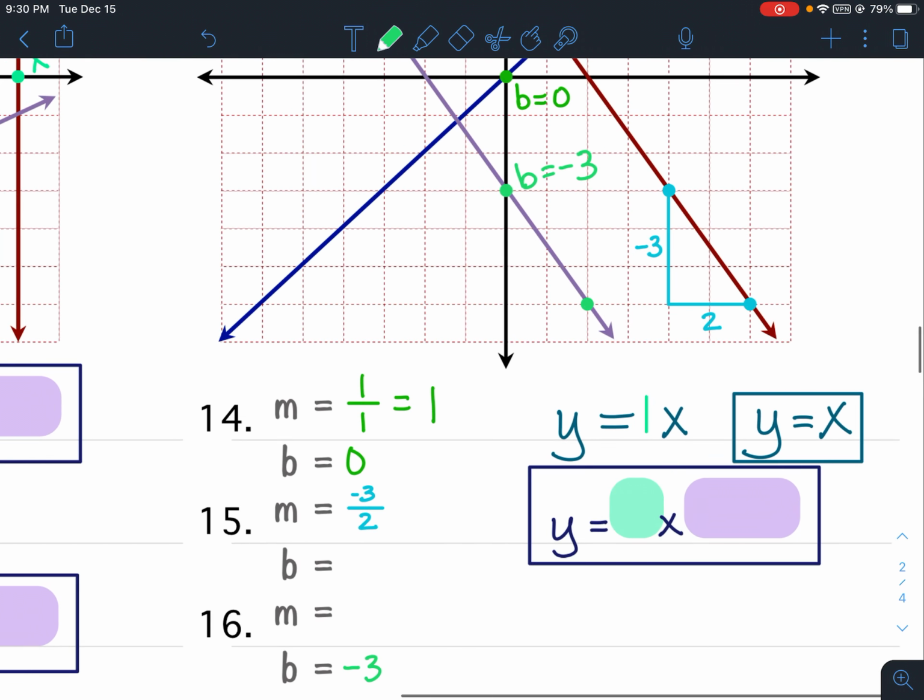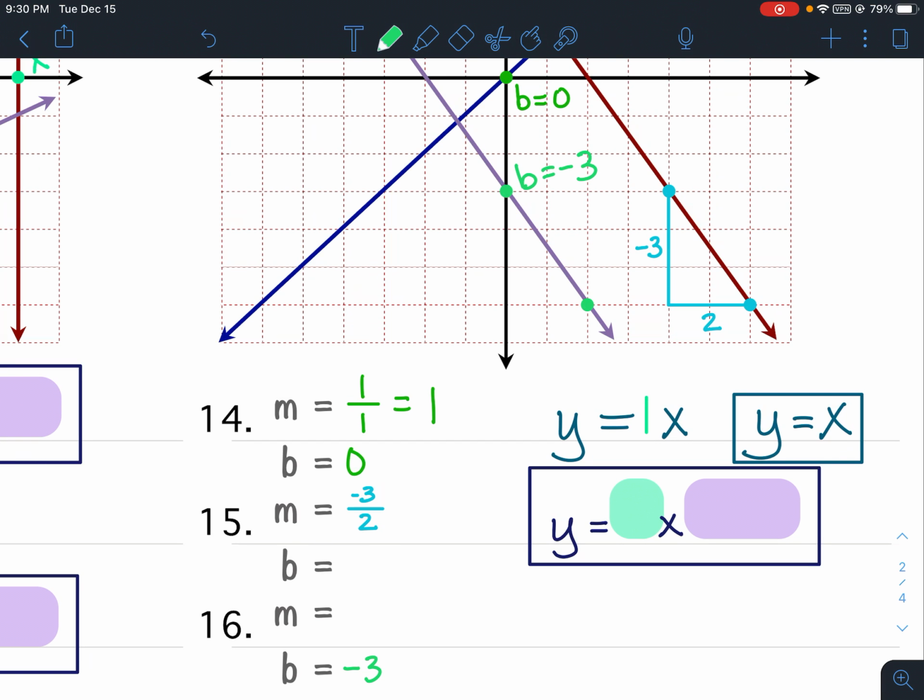And then this would be my rise. This would be my run. So my rise goes down 1, 2, 3. And my run is 2.